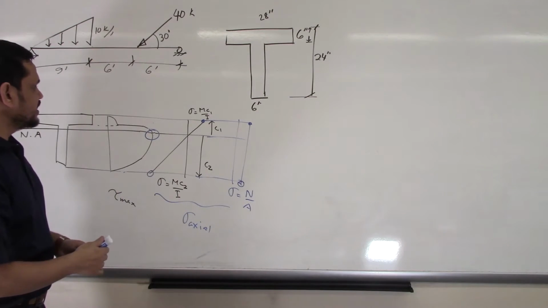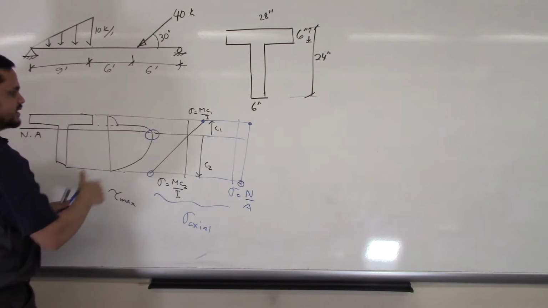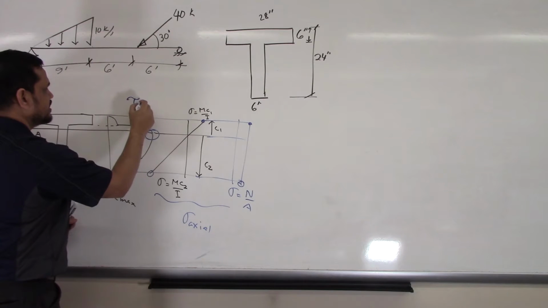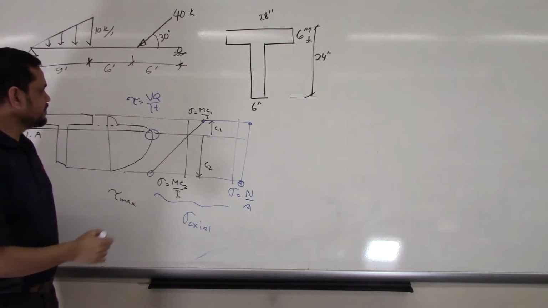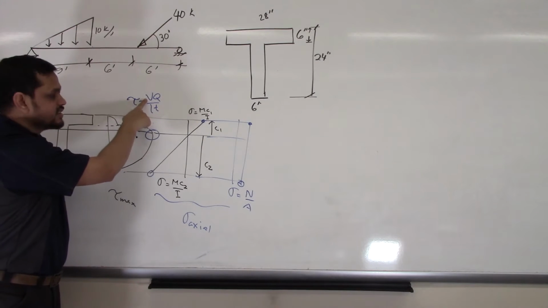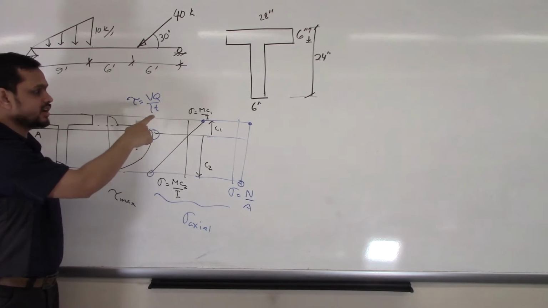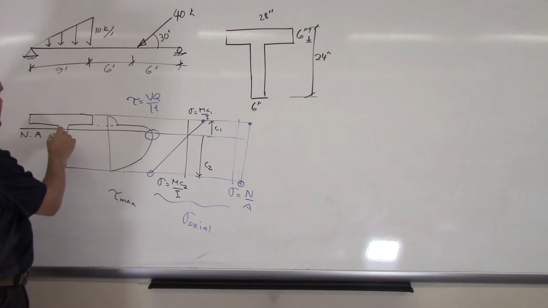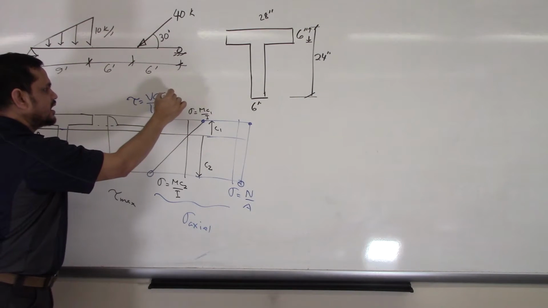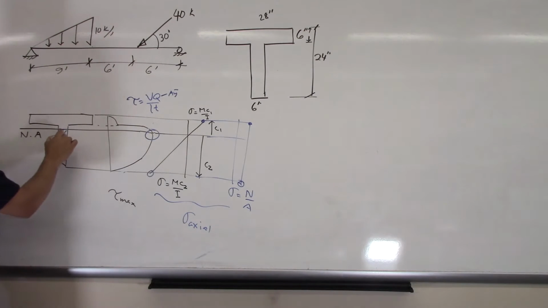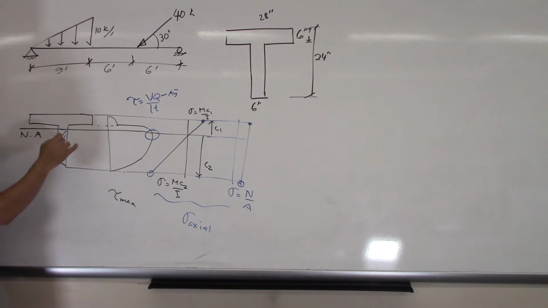Before finding it, let me tell you how to find this. The shear stress is tau equals VQ over IT. V is the maximum shear force, I is the moment of inertia, t is the thickness at this point, and Q is A times y bar, that is the area below this point and the centroid of this area.